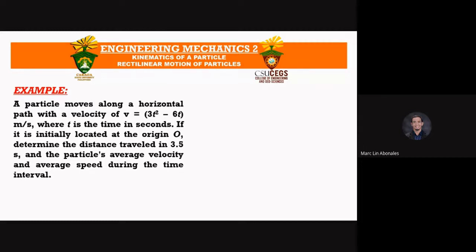We need to analyze the motion of the particle itself based on the givens for this problem. So for the solution, the first thing we will find is the total distance traveled by the particle.